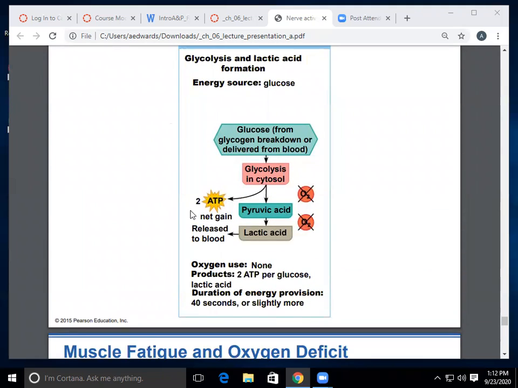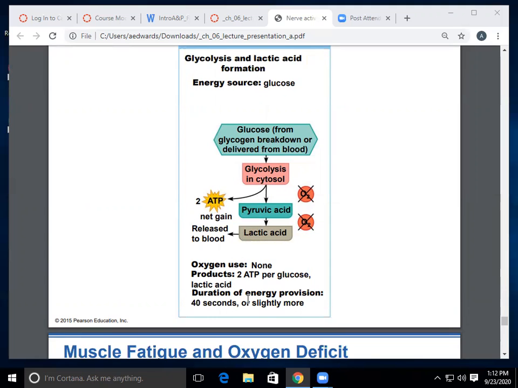All right, so here's a visual of that. Again, take your glucose, go through glycolysis in your cytosol, make ATP, pyruvic acid, take the pyruvic acid, make lactic acid. All right, so then you're making 2 ATP for every glucose molecule.